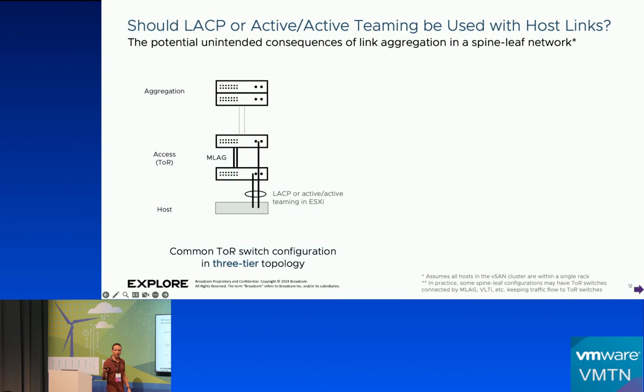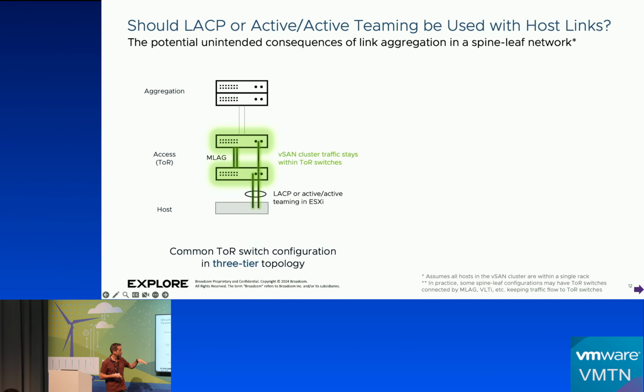So I was mentioning a little bit before about the unintended consequences of link aggregation as a whole. And sometimes, let me first clarify, when we talk about link aggregation, it can come in a couple of forms. Link aggregation in the ESXi standpoint, you can have an active-active arrangement using something like load-based teaming, and that's going to try to balance that traffic across those multiple uplinks.